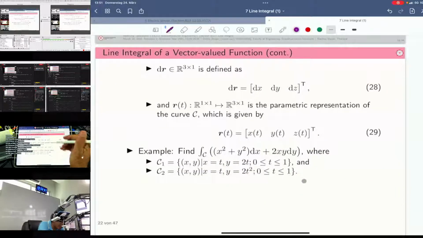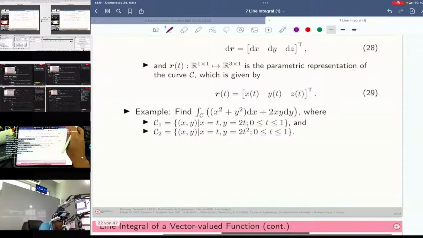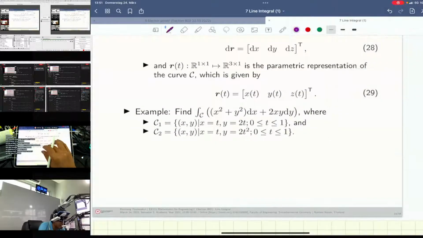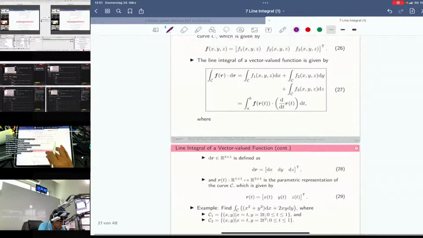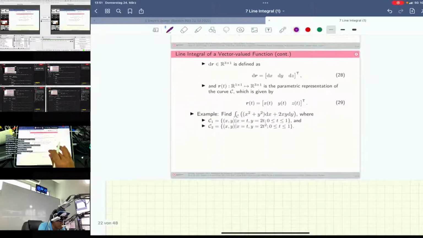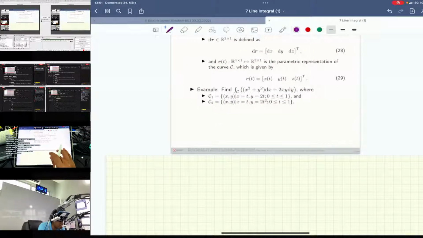So let's go ahead with this. Of course, F1(x, y) is equal to, you just take a look at this one, right? x squared plus y squared.